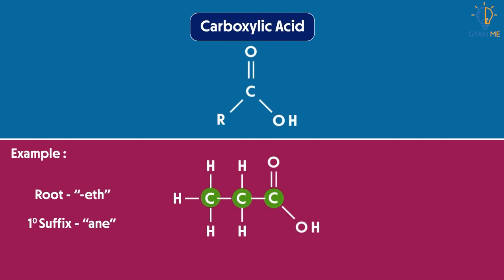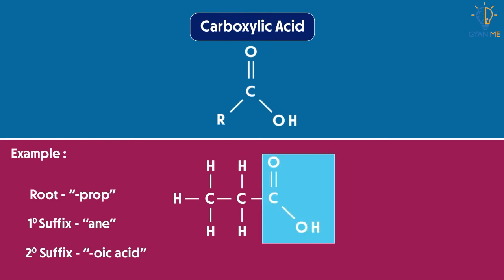Thus, parent chain now has 3 carbons. So root eth becomes prop and the primary suffix is still -ane as all are single bonds. Now add oic acid as secondary suffix for the carboxylic acid functional group. So the name becomes propanoic acid.